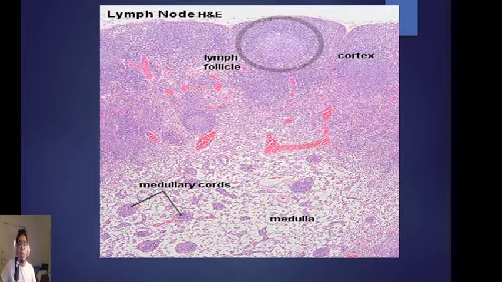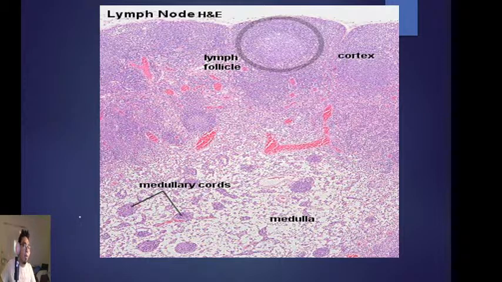If you look at it at a glance, you would know that this is at a low power objective. But when you look at it closely, especially in the oil immersion, you're going to see a lot of follicular cells there. Hence the term lymphatic follicles. Within it, you're going to see the medulla.